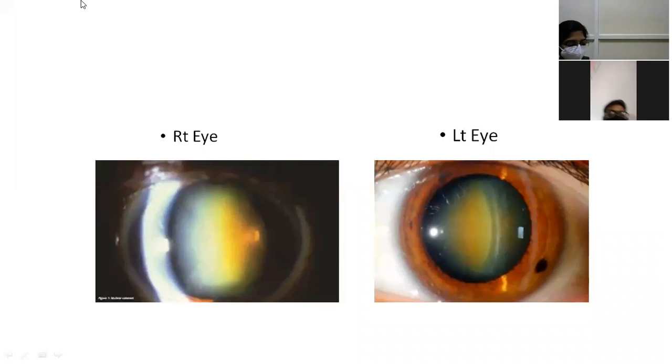What are the various techniques? Irrigating vectis, phaco sandwich method, phaco fracture method, fish hook method.